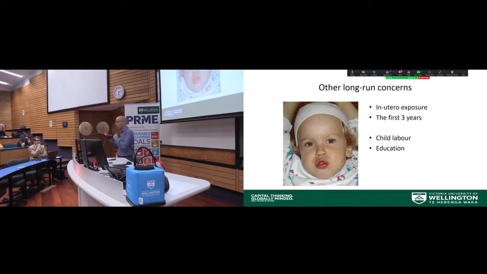Okay? Now, the striking thing about that, they could also follow the next generation. So they could follow the generation of those people who were born to people who were in utero during the Ancash earthquake. Okay? So incidentally, the Ancash earthquake was in 1970. I was born in 1970.